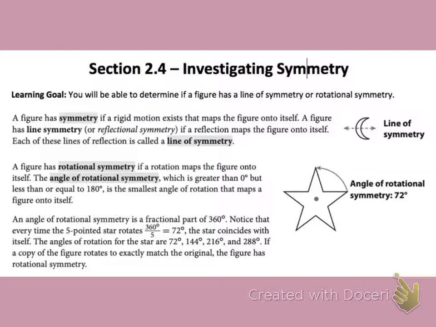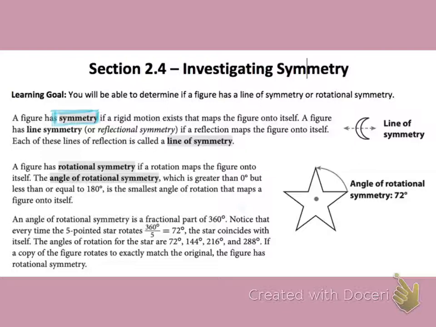And then here's another one. The quality of being made up of exactly similar parts facing each other or around an axis. And that one's probably a little more of a functional definition because it helps us to be able to look at a figure and tell if it has one of the two different types of symmetry, either line symmetry or rotation symmetry. So we say that a figure has symmetry if a rigid motion exists that maps the figure onto itself.